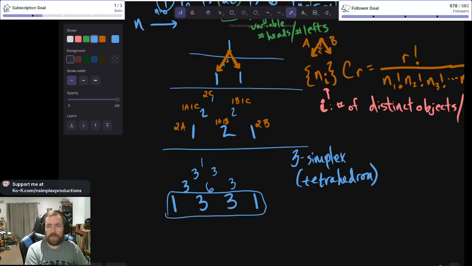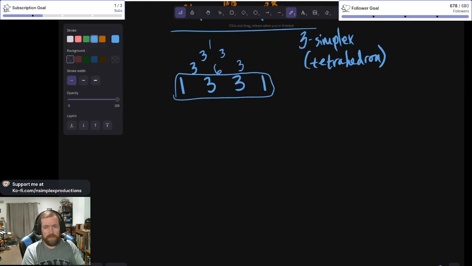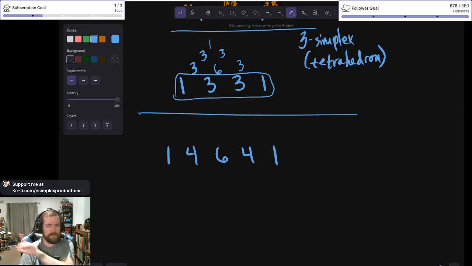Yeah, so from here, we'll notice that we also get the same thing that we got on the Pascal. We get 1, 4, 6, 4, 1 as what's on the face, and then all subsequent faces as well. Right, so you get 1, 4, 6, 4, 1 on all three of the faces, and then what?